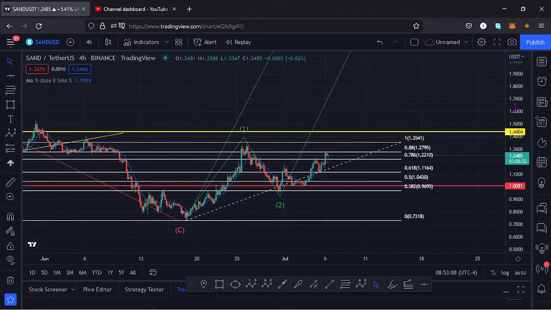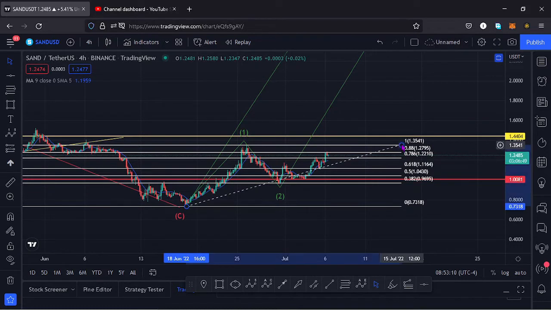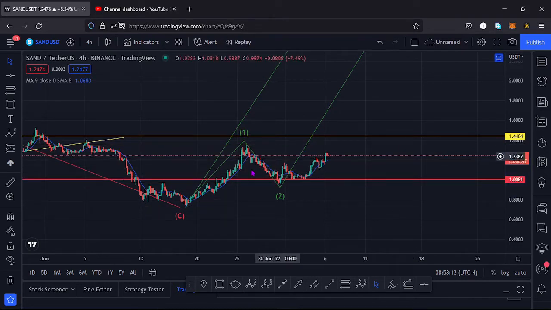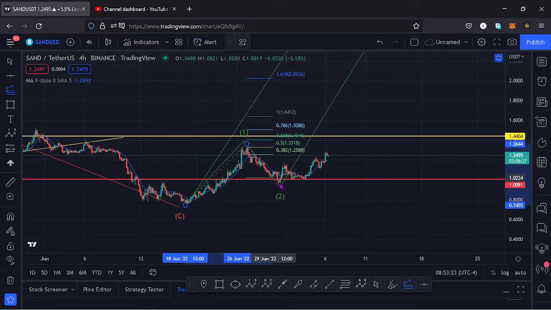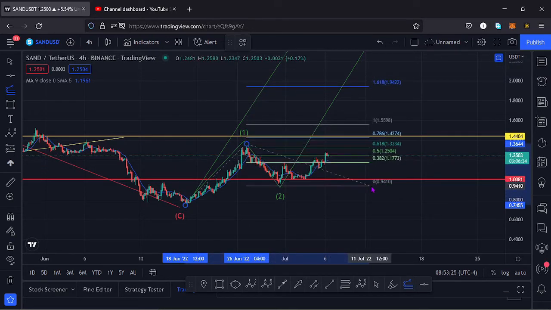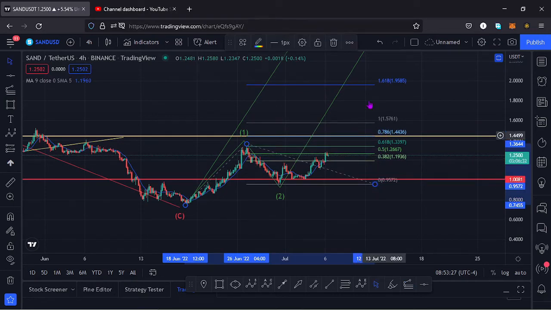And the target for the wave 3, I can try and have a target for that wave to the upper side using the trend based Fib. So if I start it from that low of wave 1 to the high of wave 1 to the low of the wave 2 down here, we get a maximum target area at around the $1.95 mark.